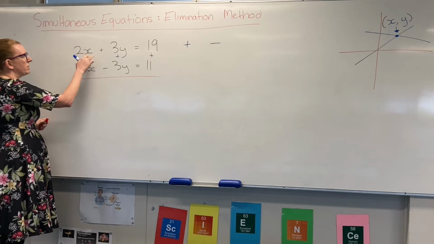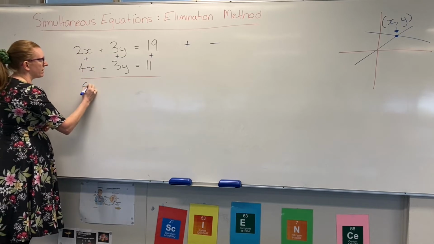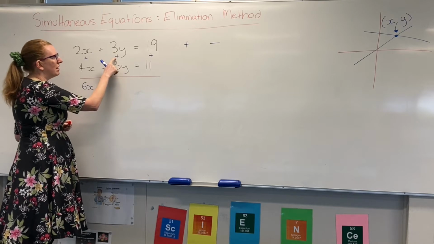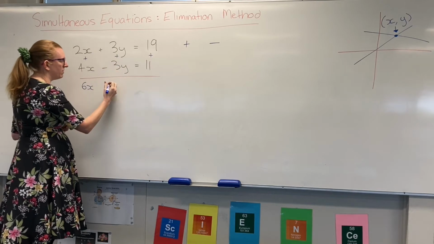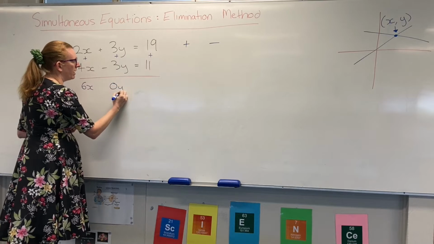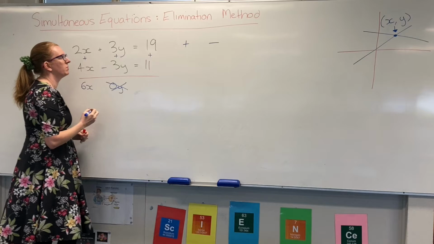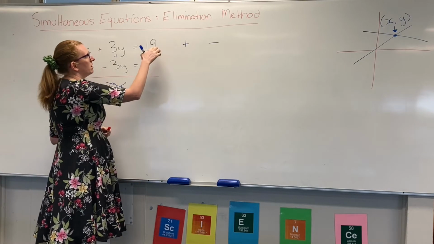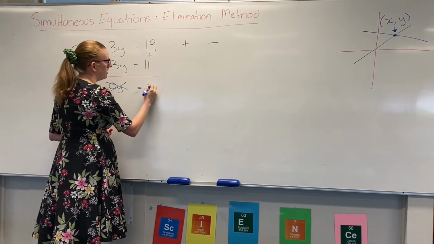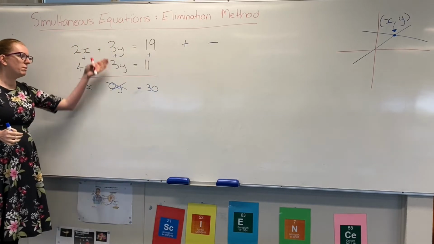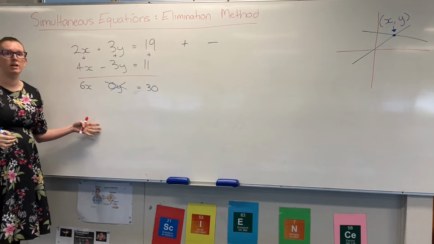So 2x plus 4x gives me 6x. 3y plus minus 3y gives me 0y. You can't have 0y, so boom, eliminated. Is equal to 19 plus 11 gives me 30. Cool, one of my components has been eliminated.